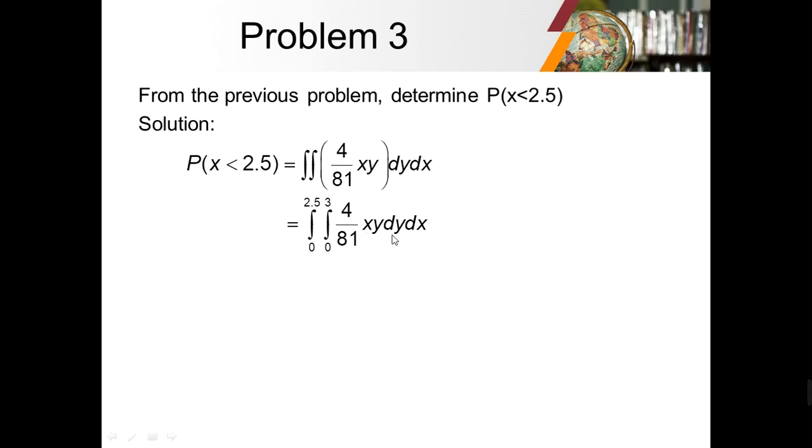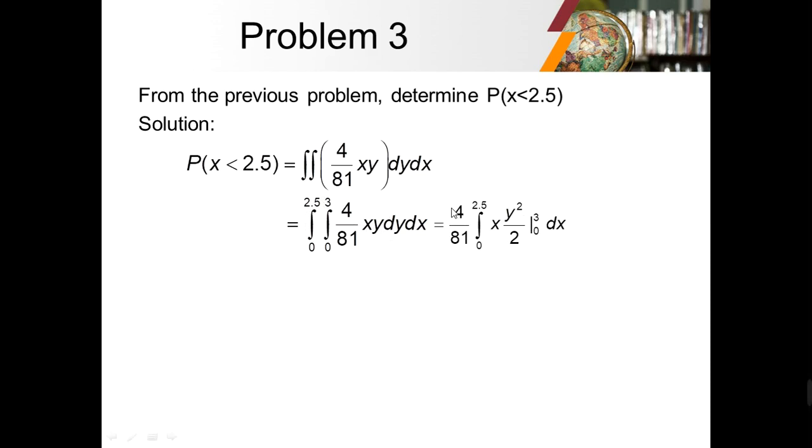Mag-integrate ulit tayo in terms ng y naman. So, ilalabas ulit natin. Pwede nating ilabas si 4 over 81, tapos, saka si x, then integrate tayo ng y, so that is y squared over 2.